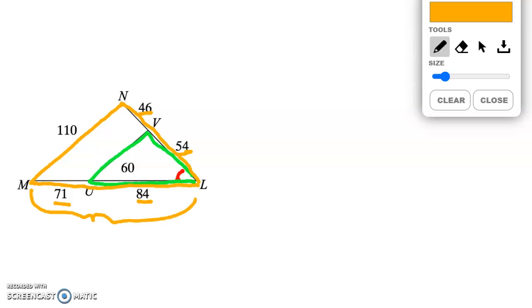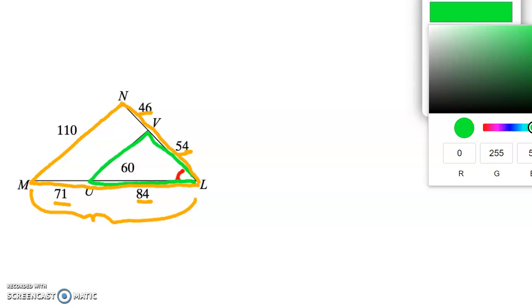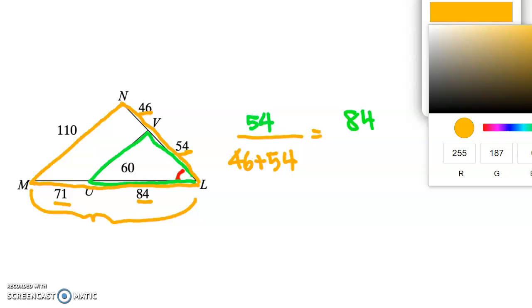Okay, so let's set this up. So of the green triangle, this length is 54. Of the orange triangle, the corresponding side is really 46 plus 54. And that is equal to, of the green triangle, this length is just 84, and the orange side is 71 plus 84.